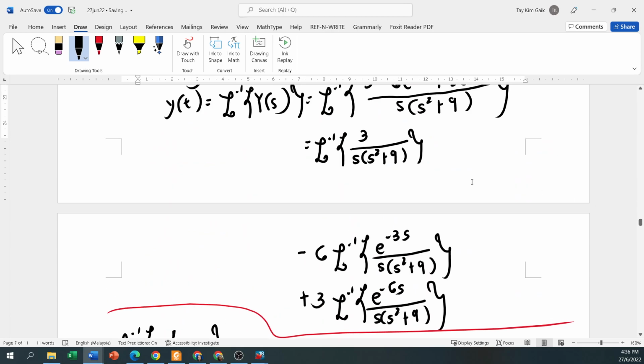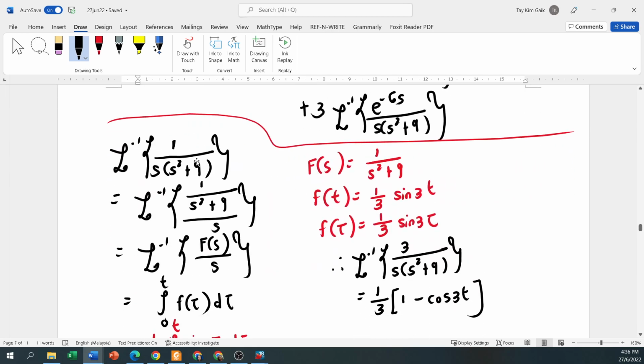Yes, for this result. And the second result is negative 6 times, and then you apply the second shift property.